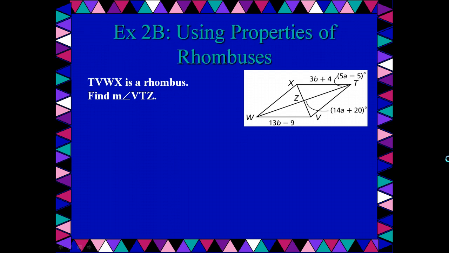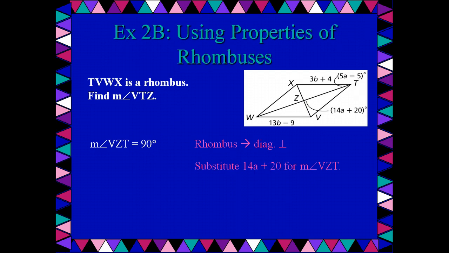Another example of finding angles, if TVWX is a rhombus, we want to find the measure of VTZ. So VTZ would be this little piece right here. If it's a rhombus, the diagonals are perpendicular. So that means that the measure of VZT is 90 degrees. And we'll substitute in 14a plus 20 for VZT. So 14a plus 20 equals 90 degrees.